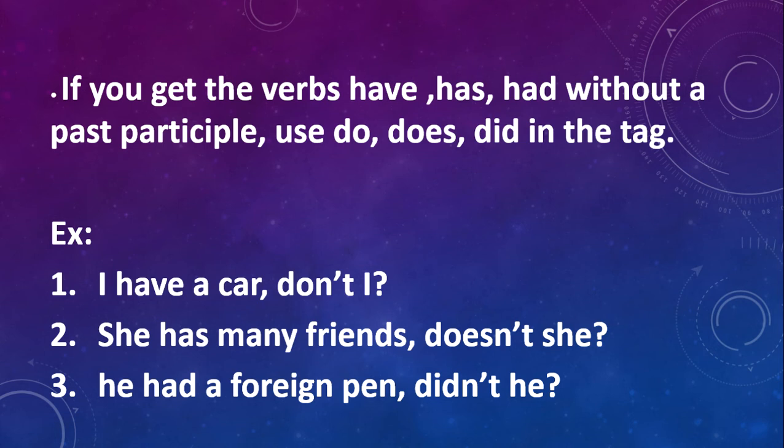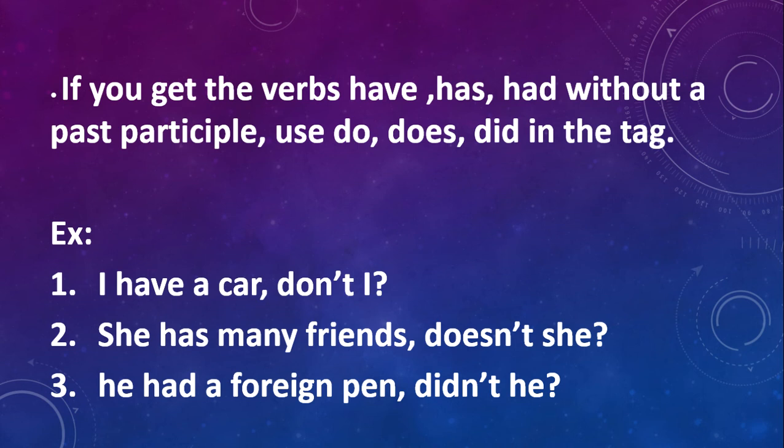Next one, if you get the verbs have, has, had without a past participle in the sentence, use do or does or did in the tag. If the sentence has verbs like have, has or had but not followed by the past participle, you have to frame a question tag only by using do, does or did.